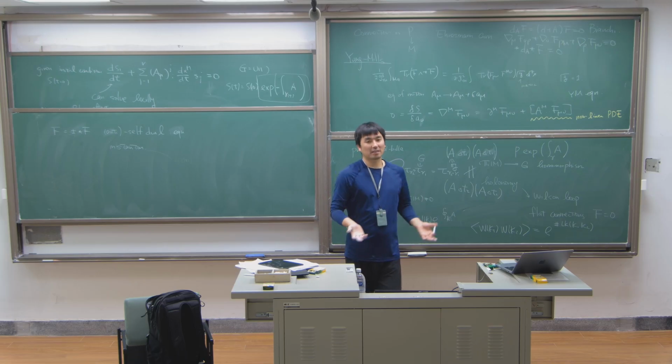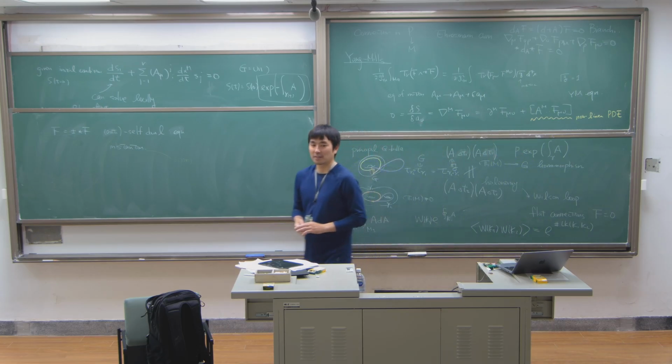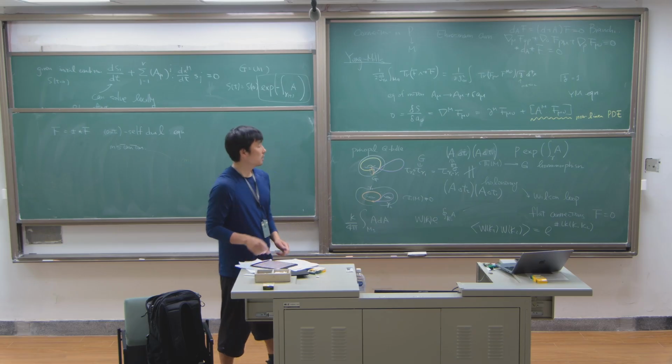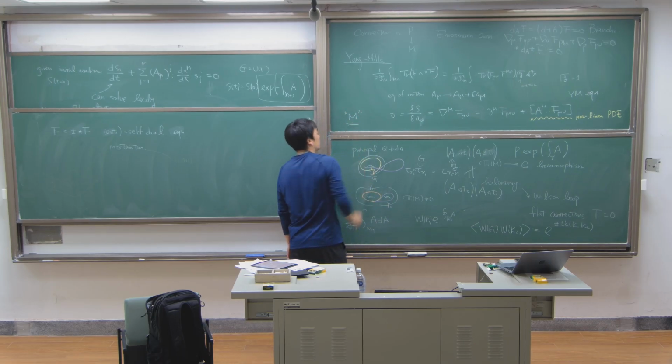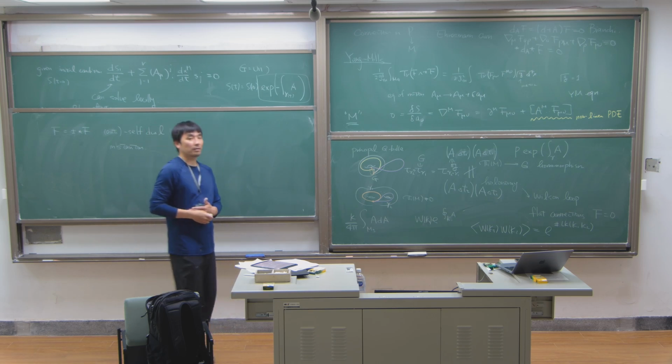Because of that, solving the Yang-Mills equation is usually very difficult for a general manifold M. But somehow these equations know the differential geometry of the original manifold very well.